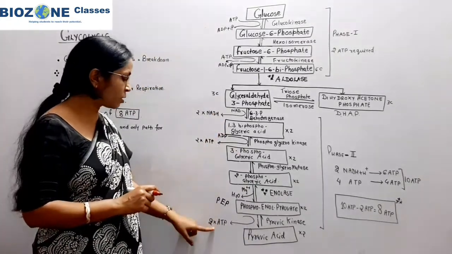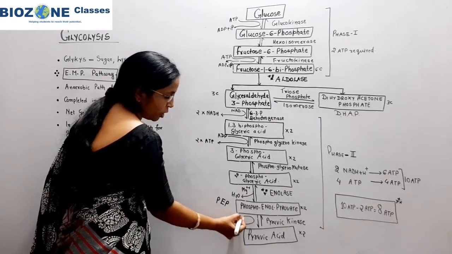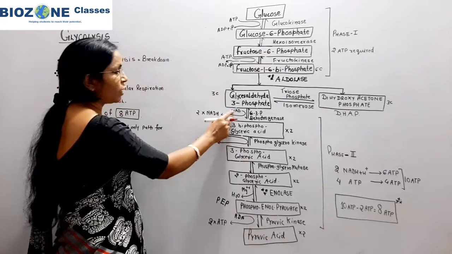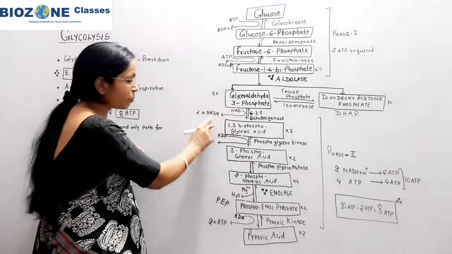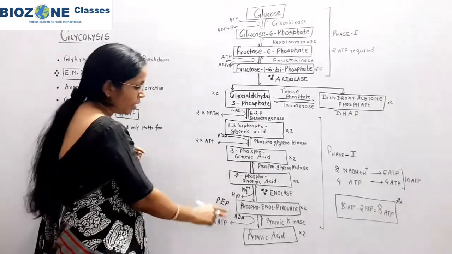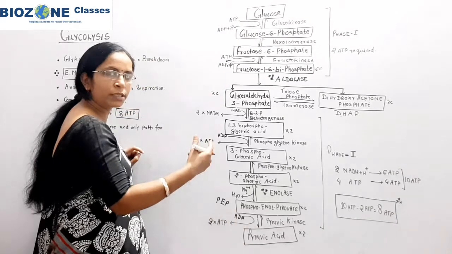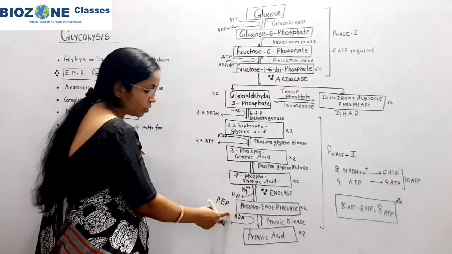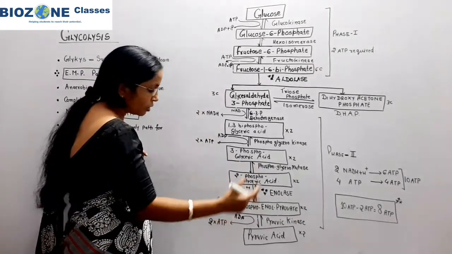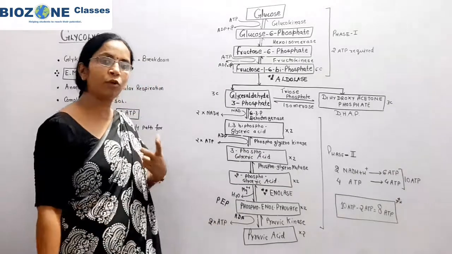These are the reactions where molecules are converted as energy molecules. In this reaction NAD becomes NADH and H plus. Here ADP is converted into ATP, and the last reaction of glycolysis is also, you remember, an energy generation reaction, responsible for the production of 2 ATP.